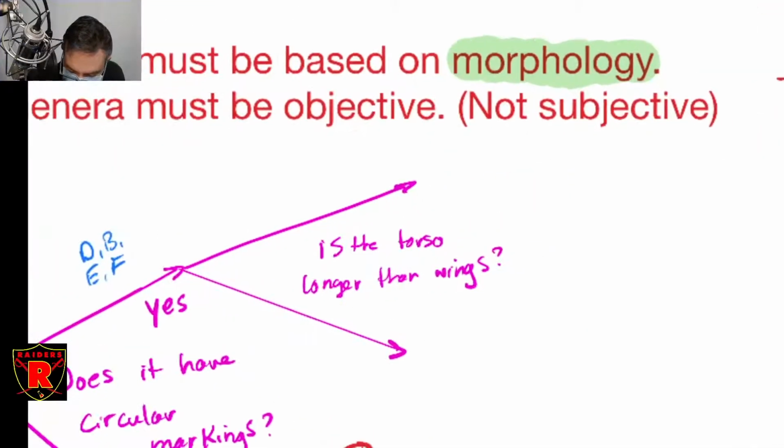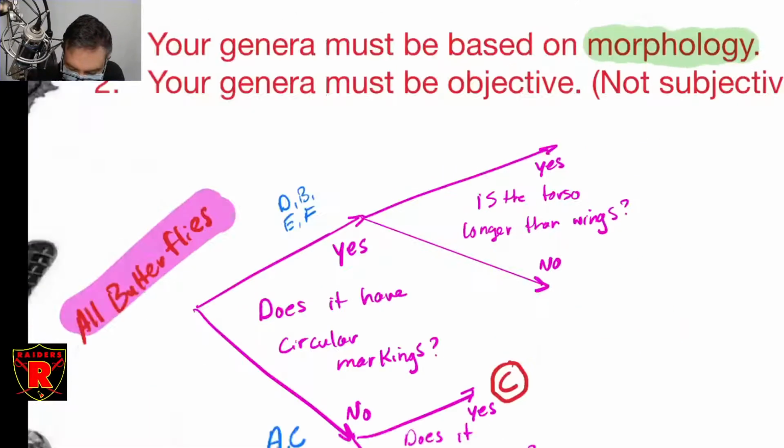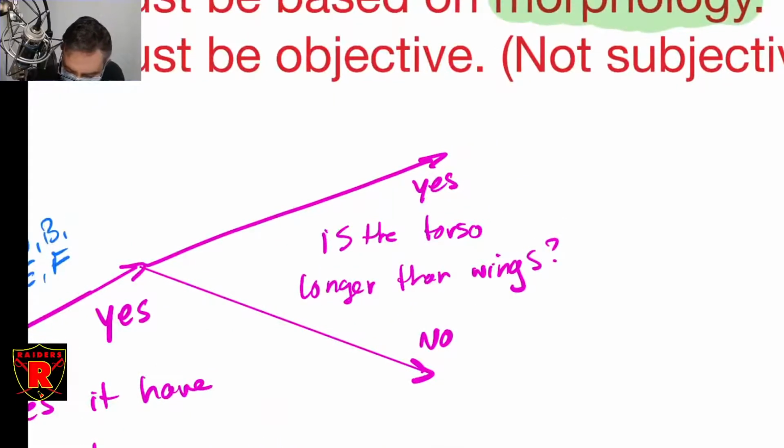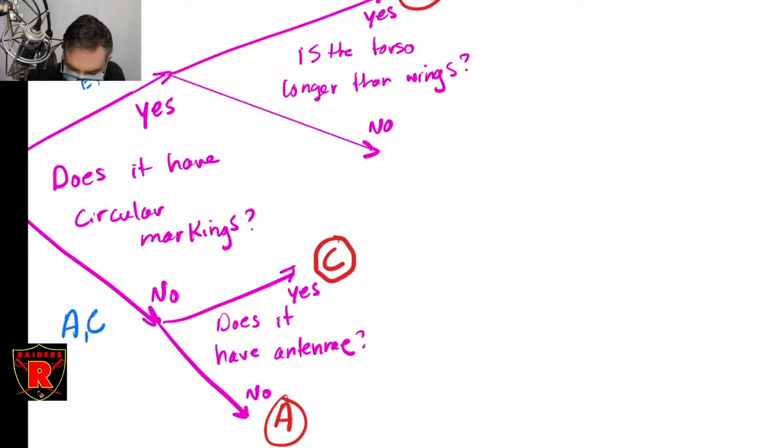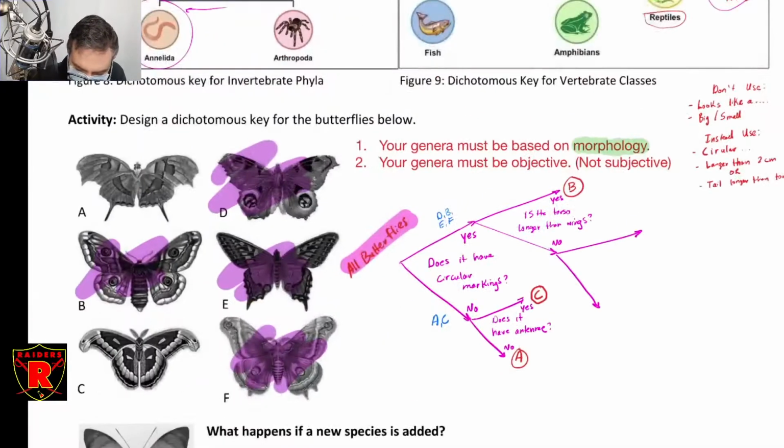So only one of them is yes. So I'm actually gonna put yes up here, and that'll give me a little bit more space. So yes is B. So now we've removed B from the grouping. If you get there, you're looking at B.